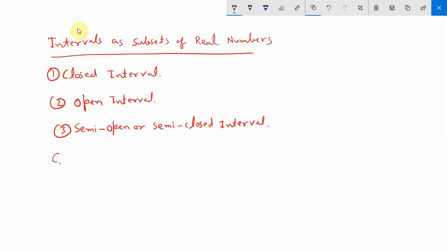So let's start with closed interval. What is a closed interval?